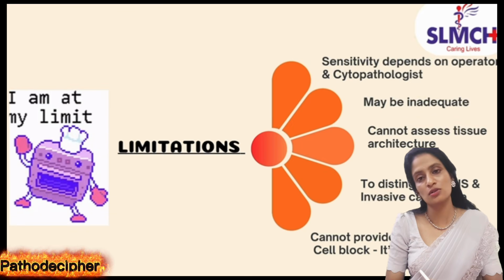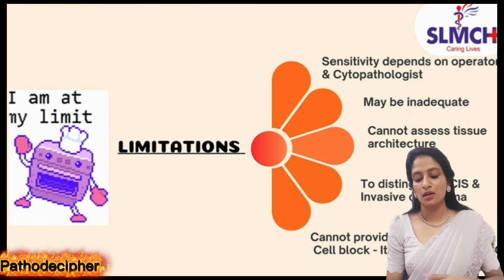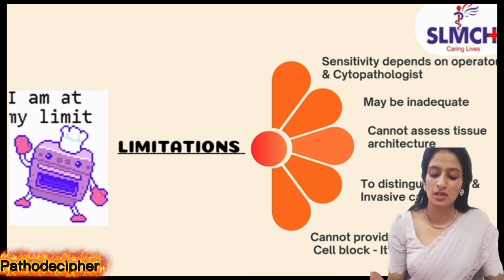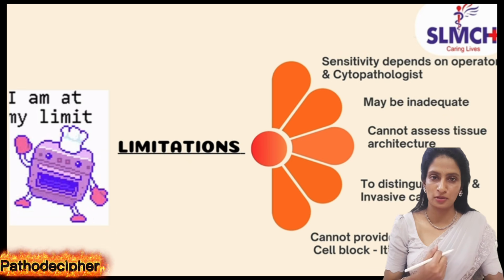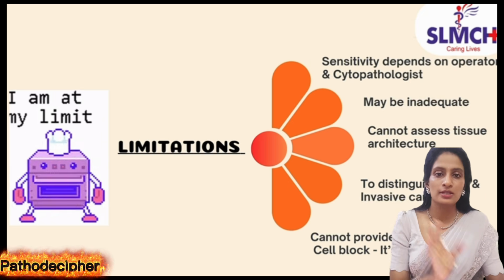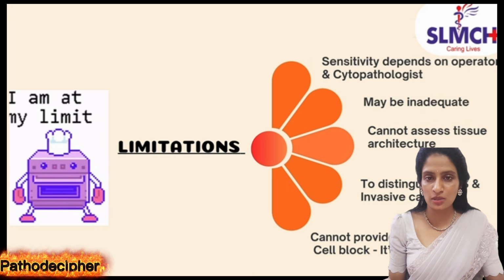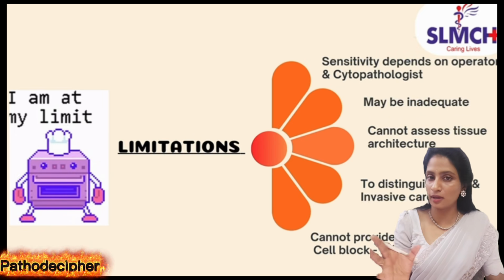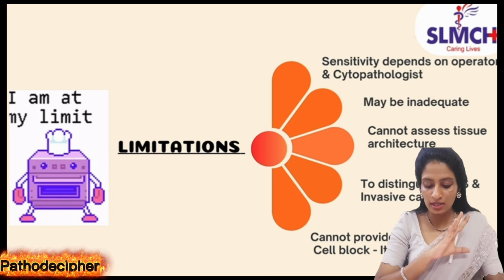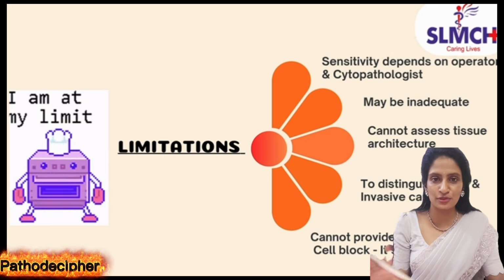So what are the limitations of FNAC? Everything has its own limits, right? The sensitivity mainly depends on the operator and the cytopathologist. So who has done the procedure is responsible, and how much material we yield and everything. It may be inadequate due to procedure defects, and it cannot assess the tissue architecture. We are studying the cells but not the architecture of the tissue.